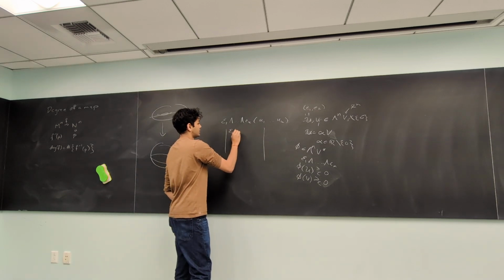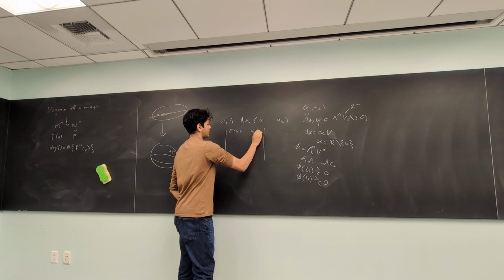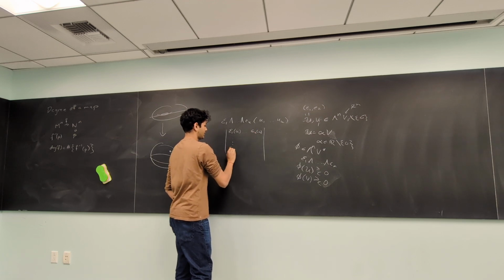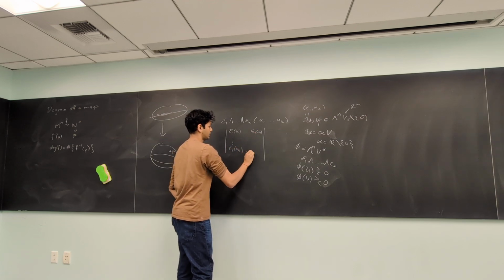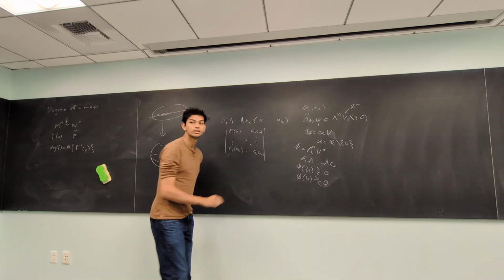What it amounts to is taking the matrix with entries epsilon 1 u1 up to epsilon k u1, through epsilon 1 uk up to epsilon k uk, and taking its determinant.